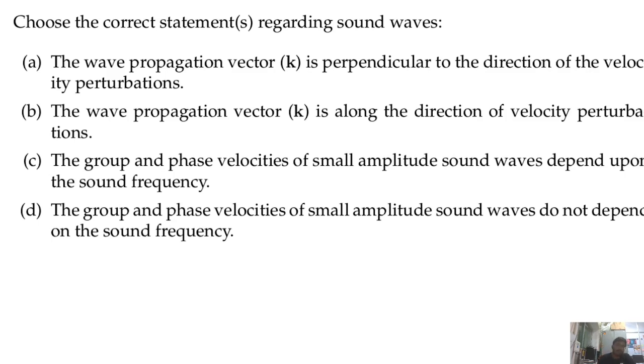So how do you define it? If you recall how this equation has been written: rho dv/dt equals minus grad p plus rho g, and there can be the Lorentz force, right?